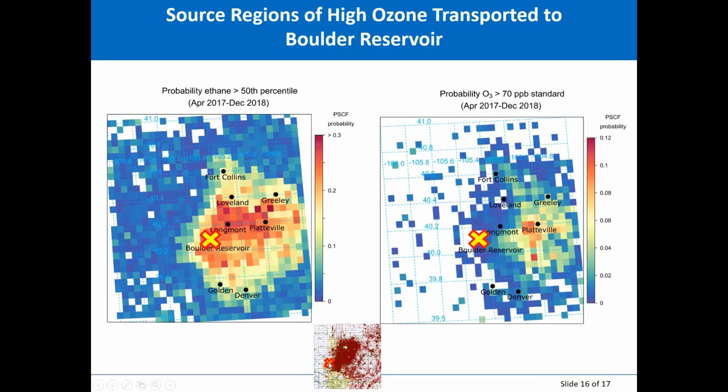So you see here's where the measurements are taken, and then the colors show you how high the ozone is on average when the air has traveled over these different segments. And on the right, this shows you where the air came from when the National Ambient Air Quality Standard was exceeded.